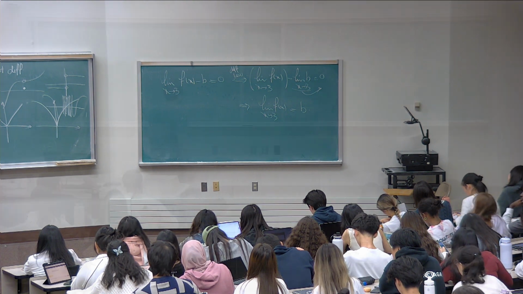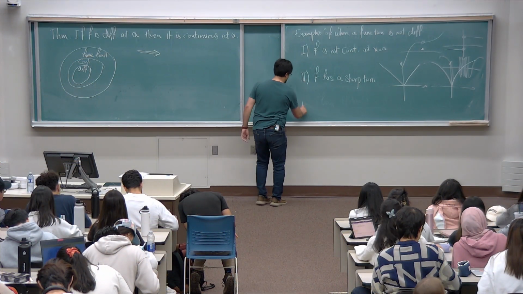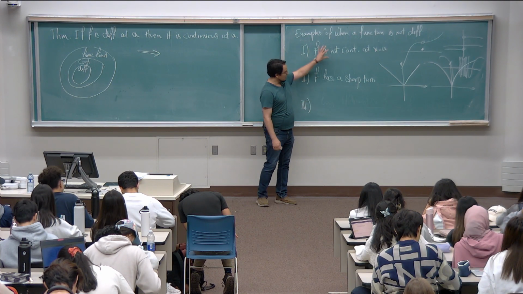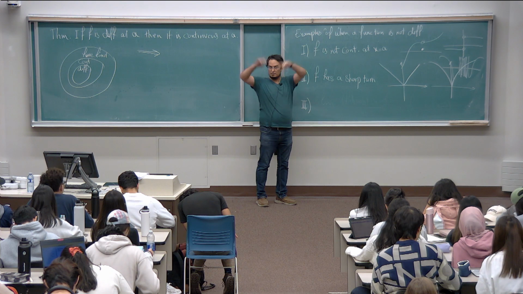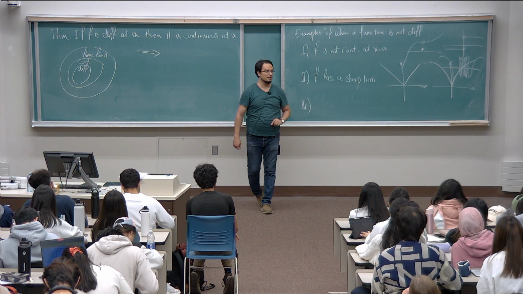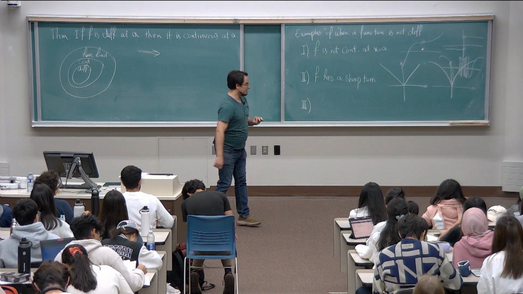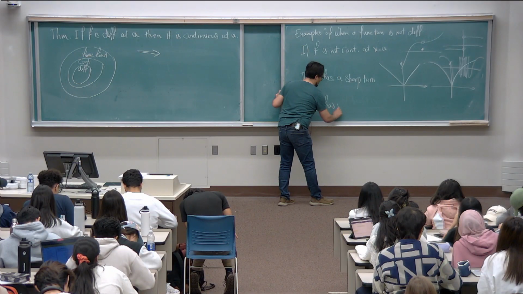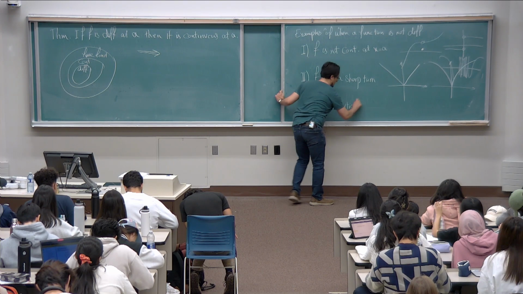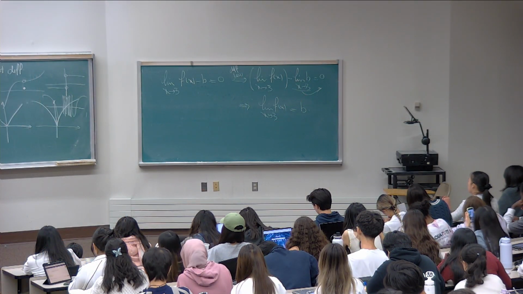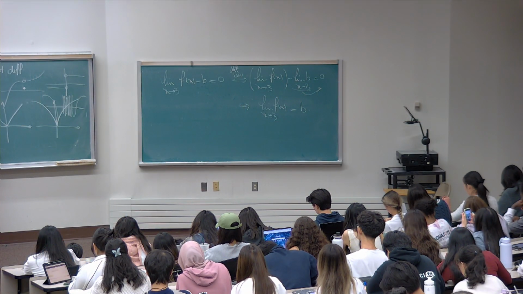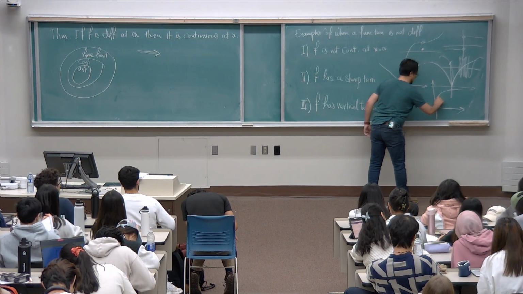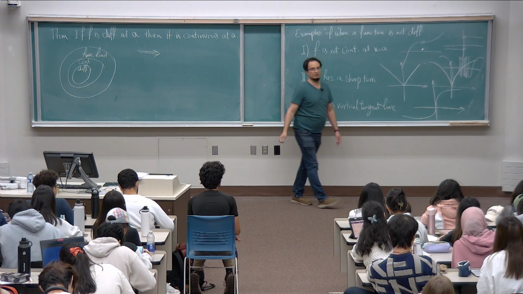There is also another interesting case that is continuous. It doesn't have sharp turns, but it's not differentiable. And this is when f has a vertical tangent line. So in other words, something like that.